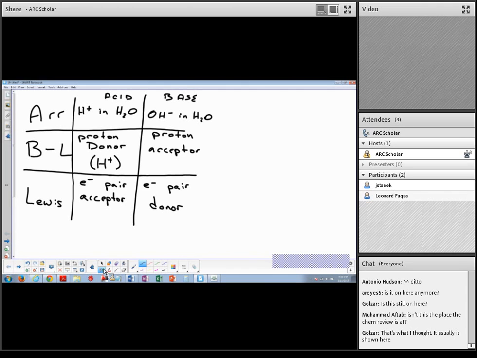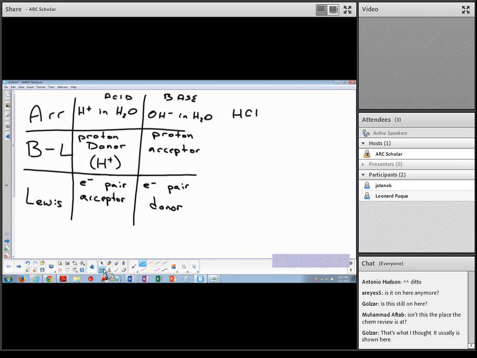We start out with something like, what's a good general acid, you guys know? HCl. Okay, hydrochloric acid. So what kind of equation would you give me to show the Arrhenius definition using HCl?